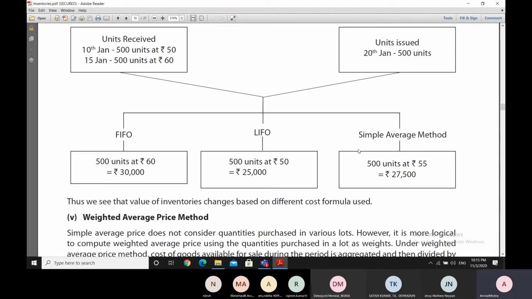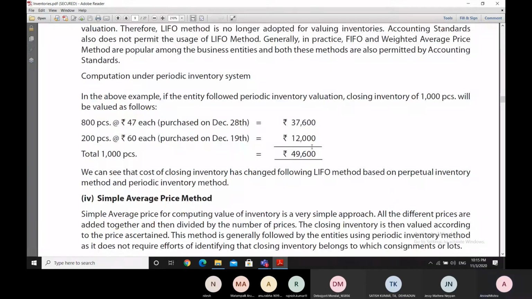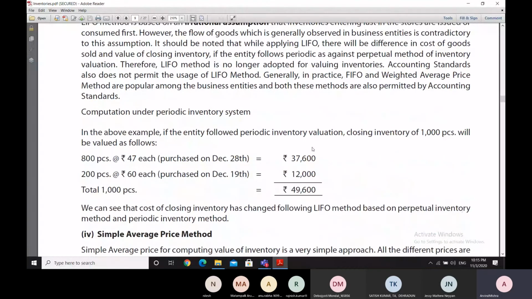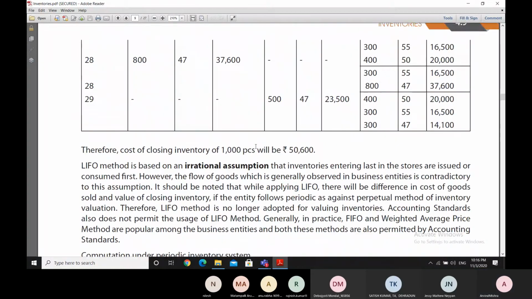But we need not conclude anything from here. All we can say is that the value of inventories changes based on the different cost formula that we have been using here. Let us compare the same thing over the previous example. If we take the previous example, we find that under the periodic inventory system, we are getting a value of 49,600.